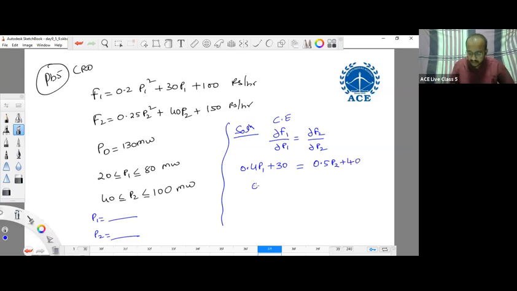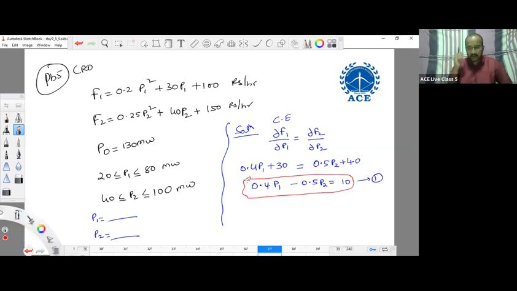So one equation you got: 0.4 P1 minus 0.5 P2 is equal to 10. That is from the coordinate equation. How many unknowns are there? P1 and P2, and we got only one equation. How is the second equation developed? PD is 130, so P1 plus P2 must be equal to 130, since PD must be equal to total power generation.